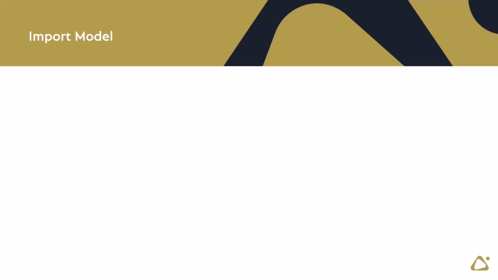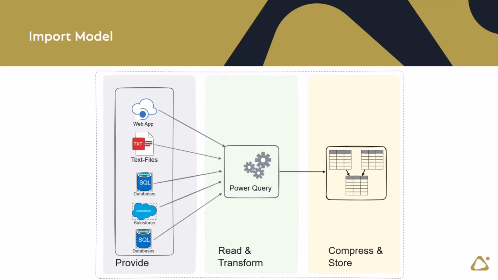Let's move on to the most widely used model, the import model. For each model, I will present you a high-level perspective about the roles of the data source, the middleware, and the analysis service engine. This principle will follow up with all the others as well.